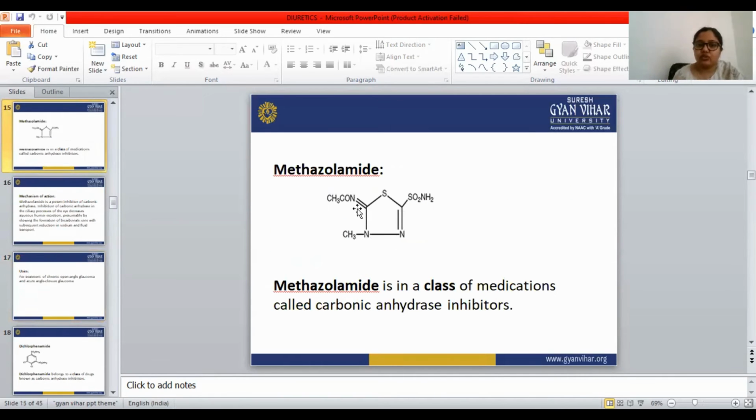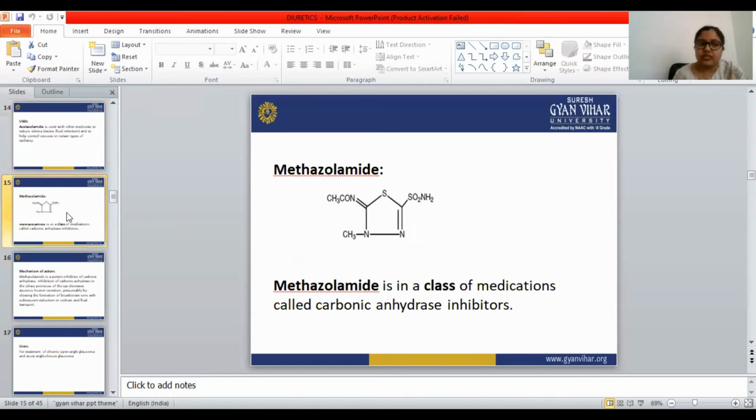Methazolamide. Okay, the structure is the same as acetazolamide, and in methazolamide there is one extra group, that is a CH3 group. The rest is the acetazolamide structure. Here in methazolamide one CH3 group is attached, so this is known as methazolamide.